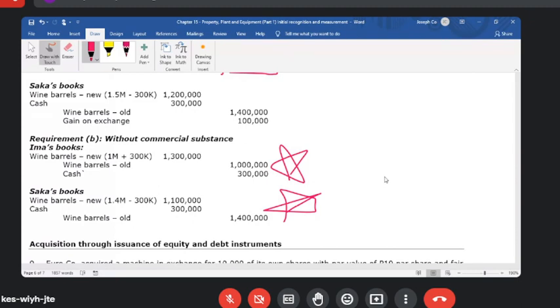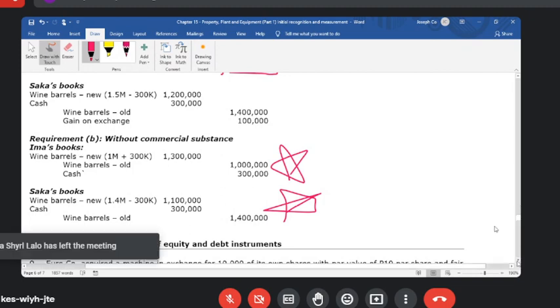Okay, wine barrel new 1.3. Wine barrel old 1 million and credit cash, no? Wine barrel 1,100,000, debit cash 300, and credit wine barrel old 1,400,000. Under no commercial substance, walang gain, walang loss, ignore fair value.